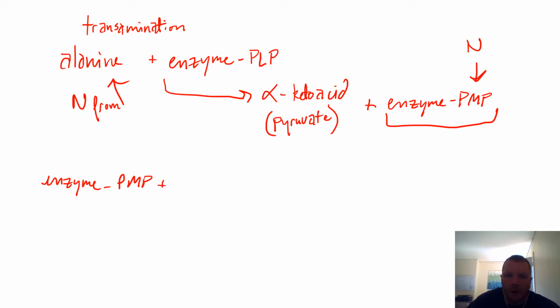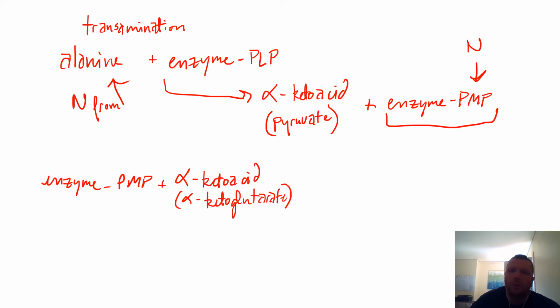plus a different alpha keto acid. In this case, our alpha keto acid is going to be alpha ketoglutarate. What we're going to generate here is glutamate.